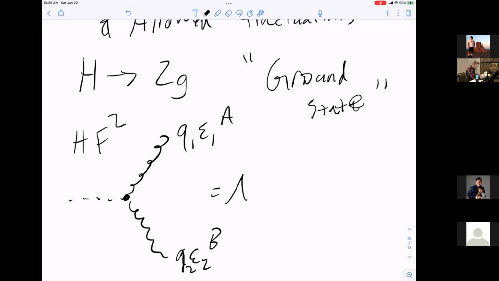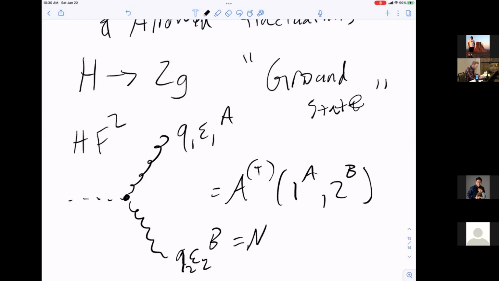This is going to give me some amplitude. Right now, we're only going to be worried about the tree level amplitude. And it's going to depend on, we'll say 1A to B. And when I write down the 1, I really mean Q1, epsilon 1, both the polarization and the momentum.